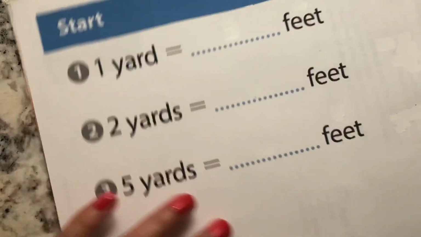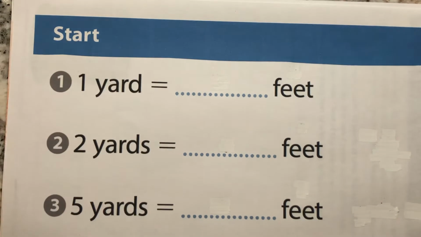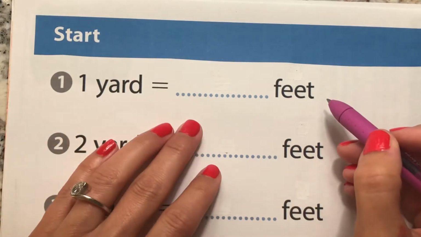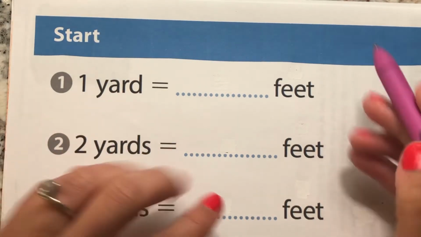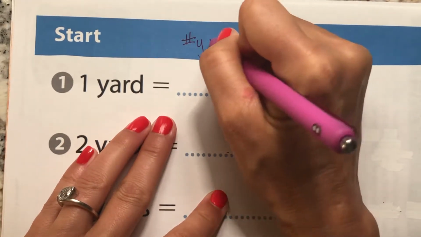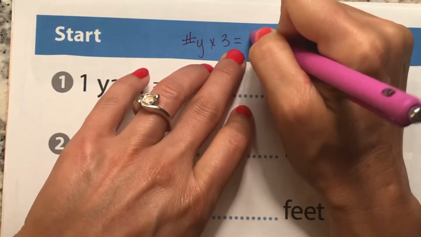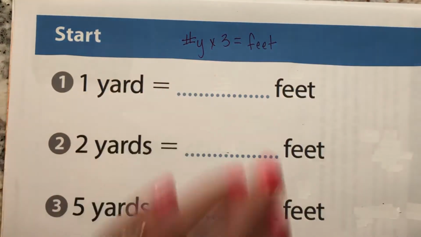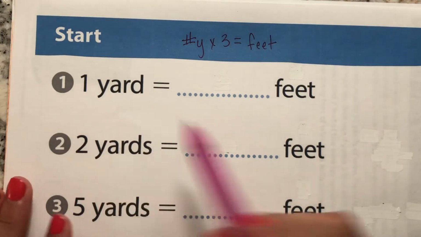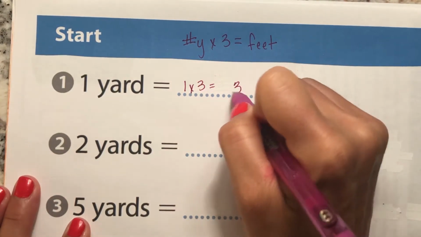Okay, so moving on, I have this chart here. It's a conversion chart, and we are going to just remember that the formula for figuring out yards to feet is going to be the number of yards times 3, and that will get you the amount in feet, or length in feet. So if I have 1 yard, I will do 1 yard times 3, and that gives me 3 feet.